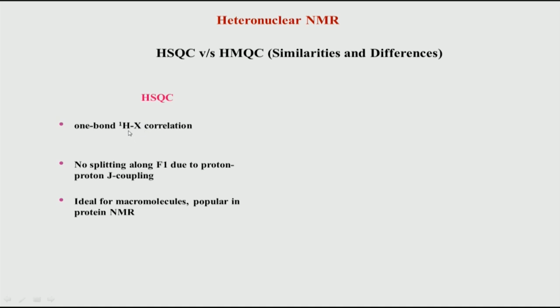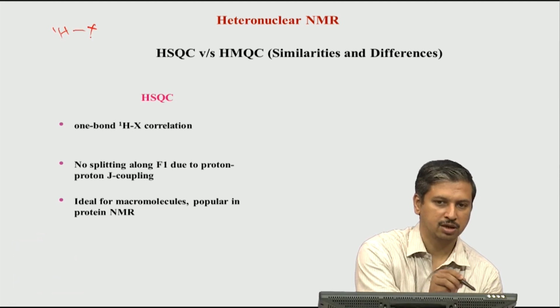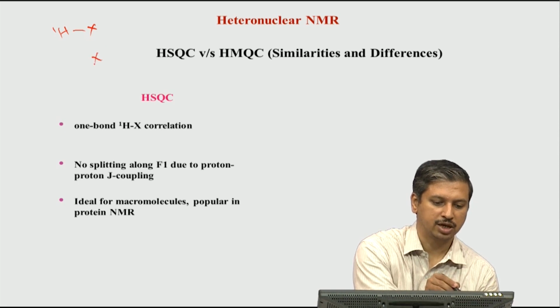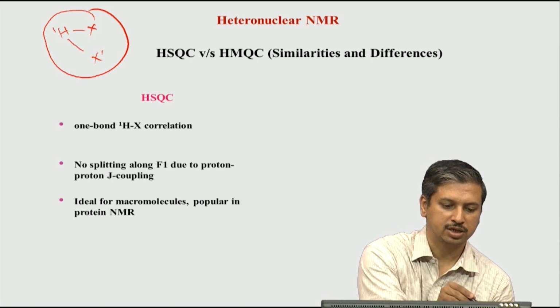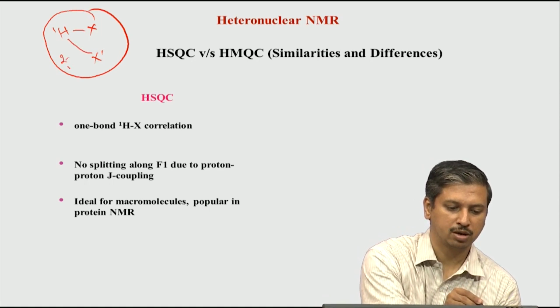If you tune it to a different coupling value, suppose there is one more X and you tune it to that coupling, let me make it clearer by drawing a schematic here. Let us say I have a hydrogen, it is coupled to X, and down the line there is one more X prime in the molecule, connected by, let us say, 2 bonds, and this is 1 bond.